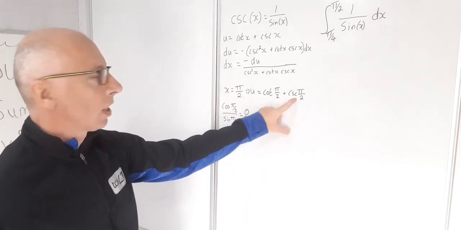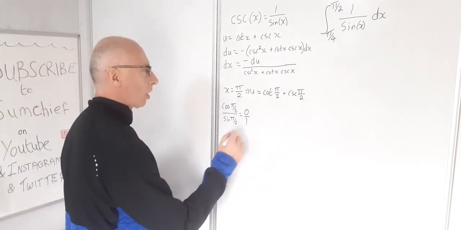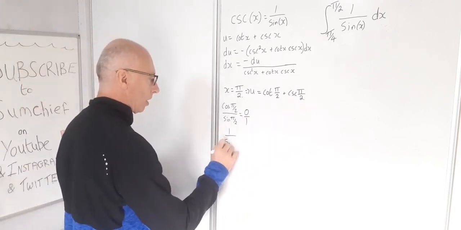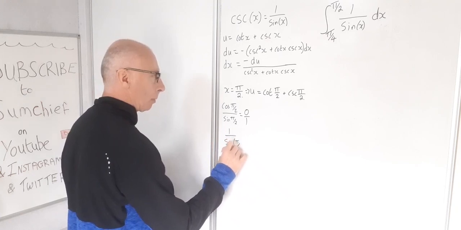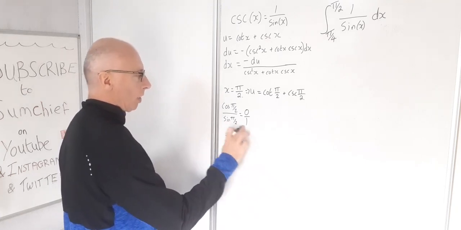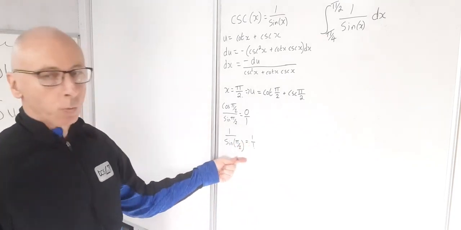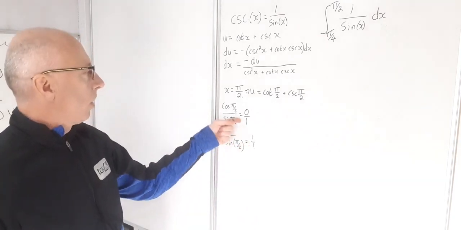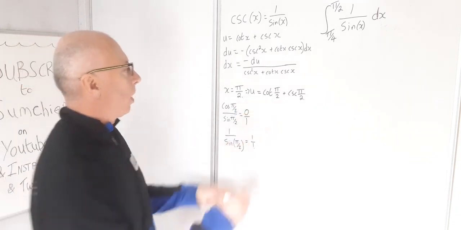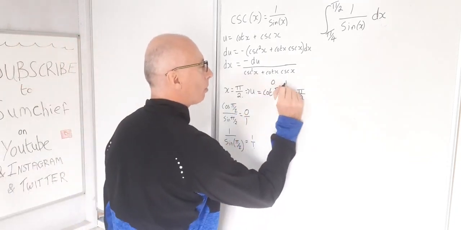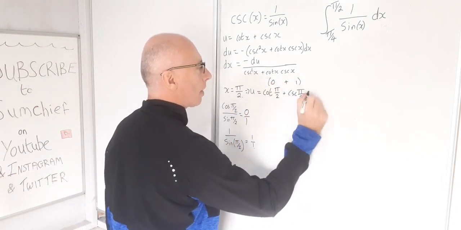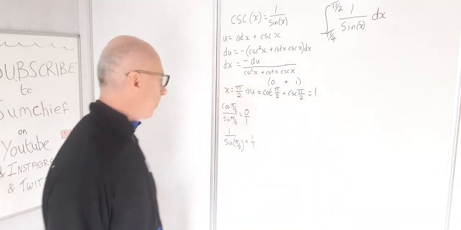Now what about cosecant pi over 2? So cosecant we know is 1 over sine, and our value will be pi over 2. Well, we know from here that it's 1, so we've got 1 over 1, so that equals 1. So we've got 0 plus 1, so then that equals 1.